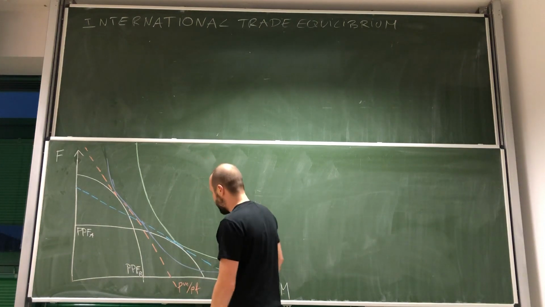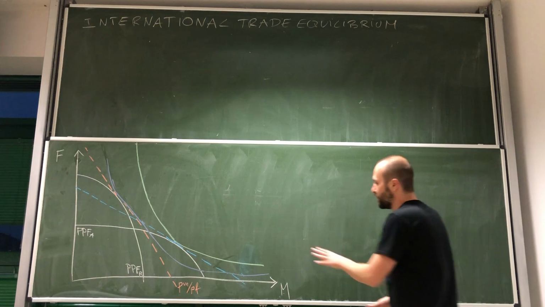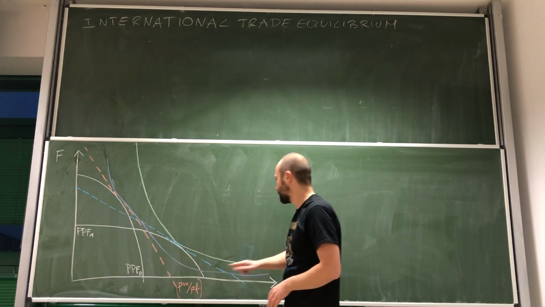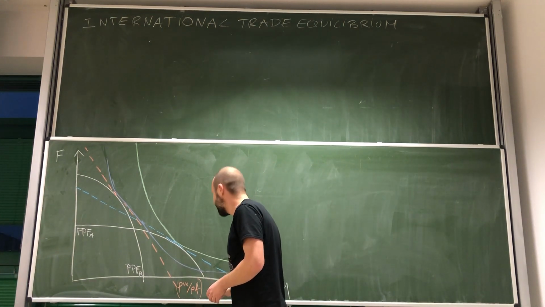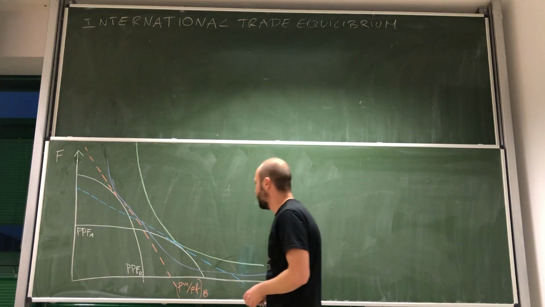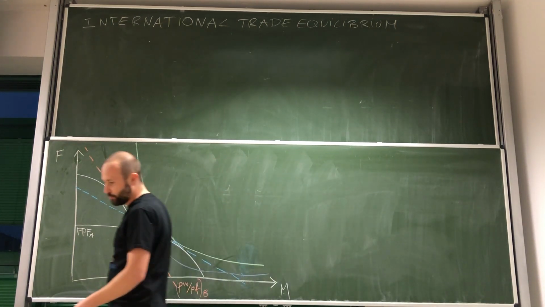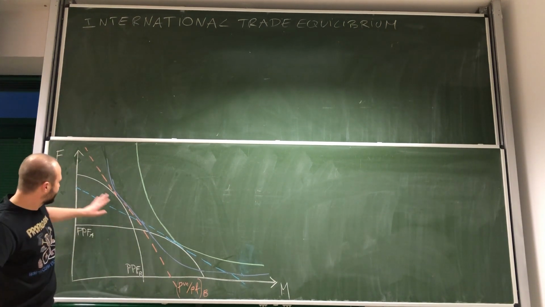But of course, look, we know those two countries are in autarky. They do not trade with each other. So this price of manufacturers to price of food ratio is specific only to Bolivia, right?